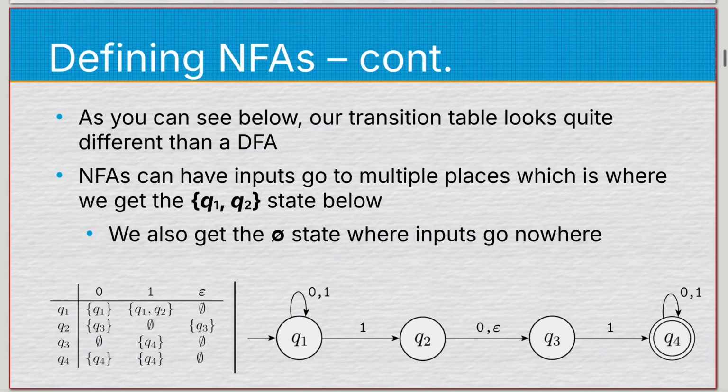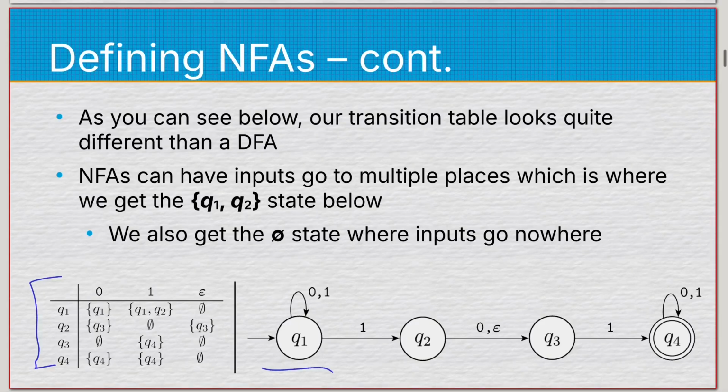So if we look here, then we have a pretty simple NFA here, my bad, and its corresponding transition table down here. And as we know, we're able to go to multiple places from any state in an NFA by using the same input. And we can see that in Q1 right here. So Q1 on a 1 input can either go to Q1 or to Q2.